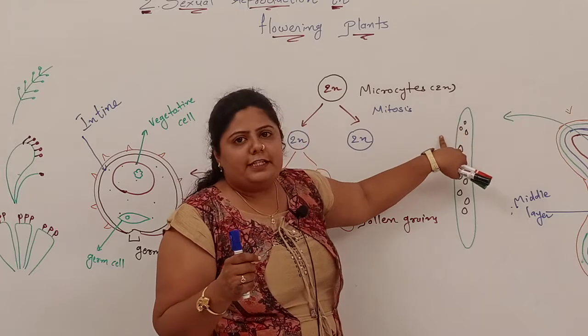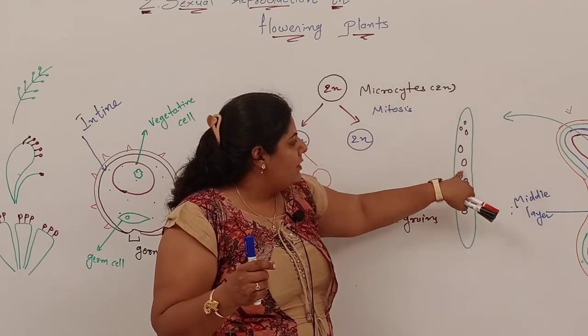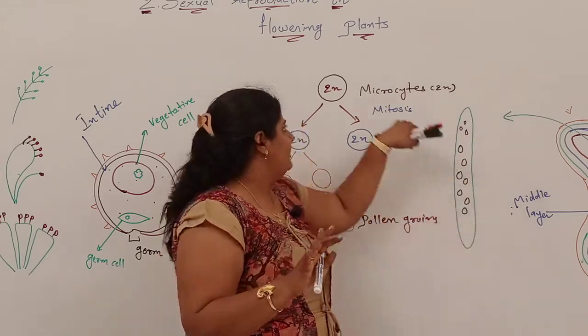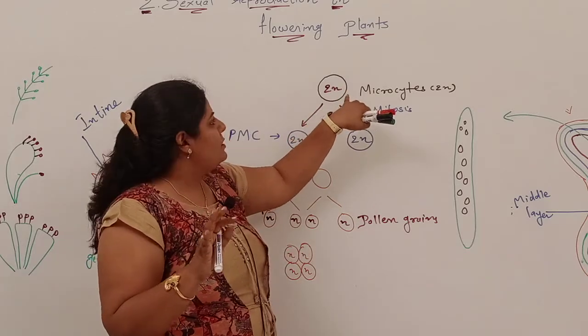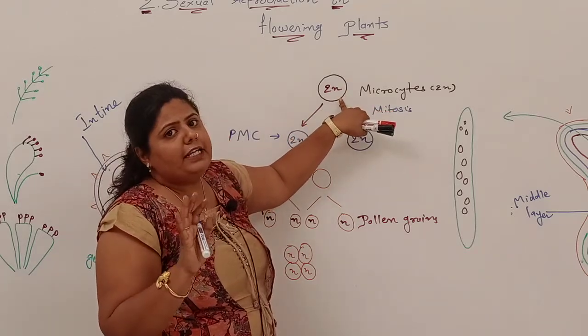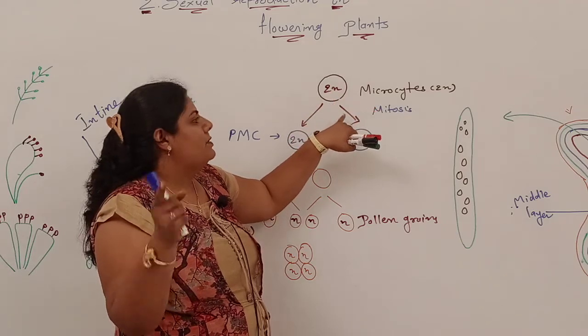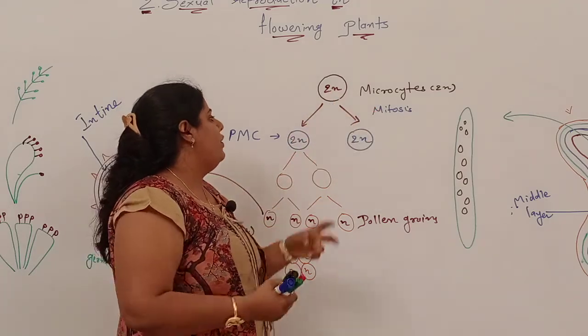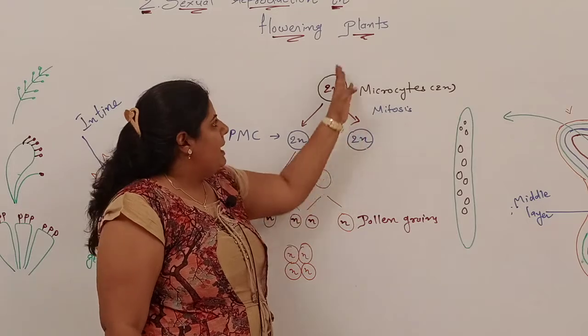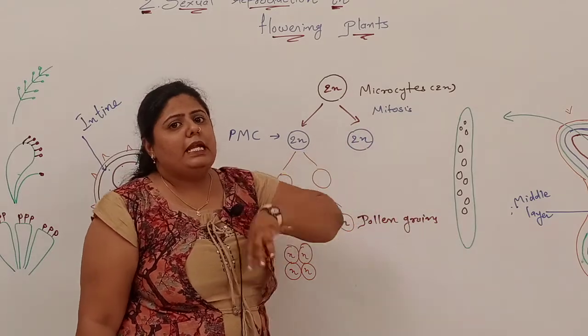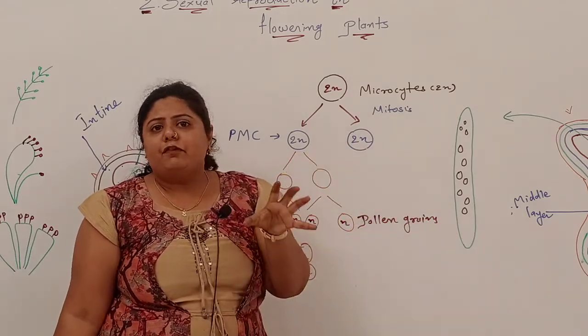In this sporangia, many microsporocytes are present. These microsporocytes are diploid in nature. These microsporocytes undergo mitotic division and form 2 cells. So many microsporocytes, so many pollen mother cells are formed.